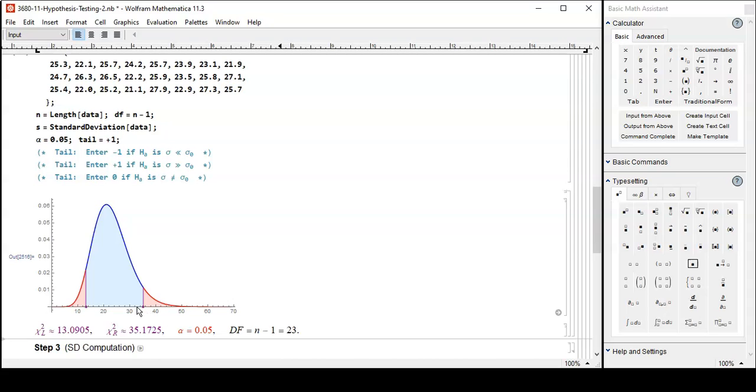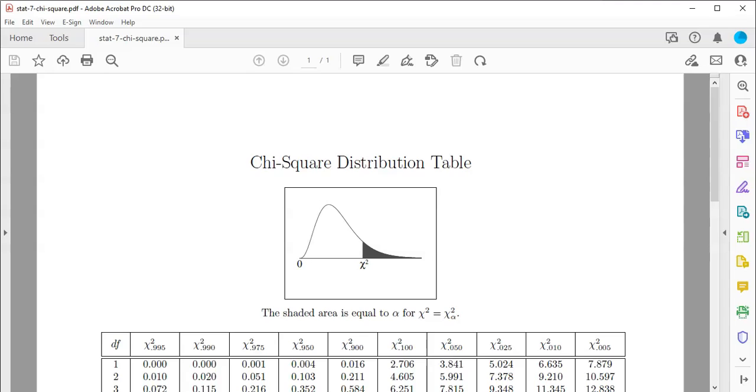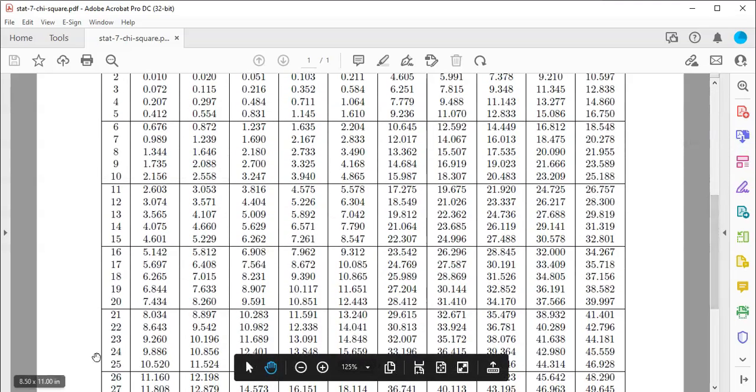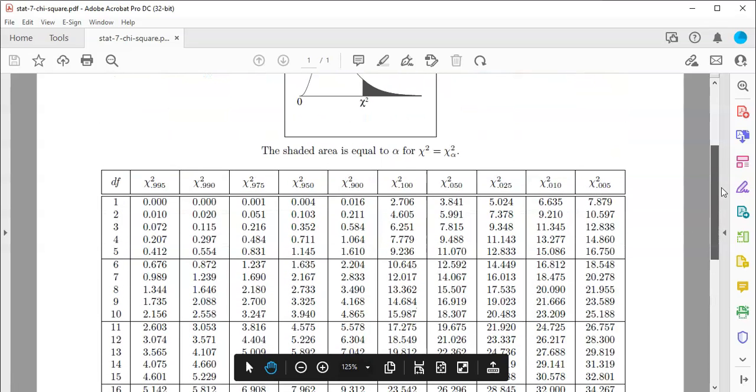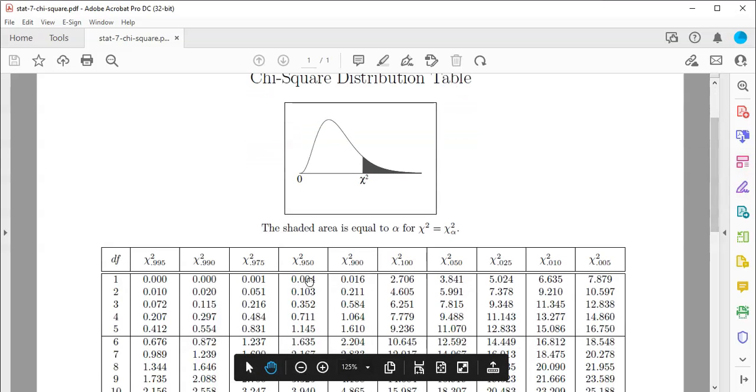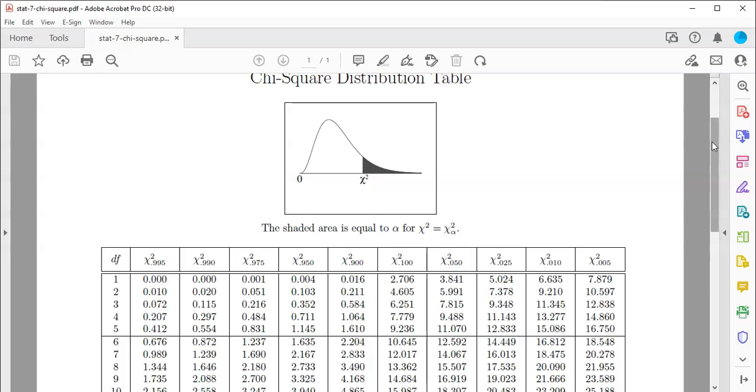So how did you get this and that? Well, let's go over to my chi-square table. The degrees of freedom is 23. Yes, here, 23. And which column do I have to look at? We want 5% to the right and 5% to the left, either way. So we have to look at 95, this one, and 5% here, those two columns.